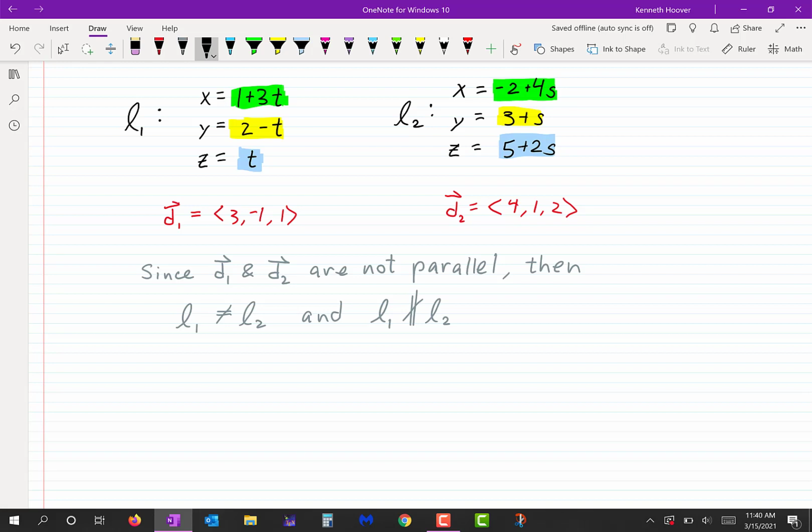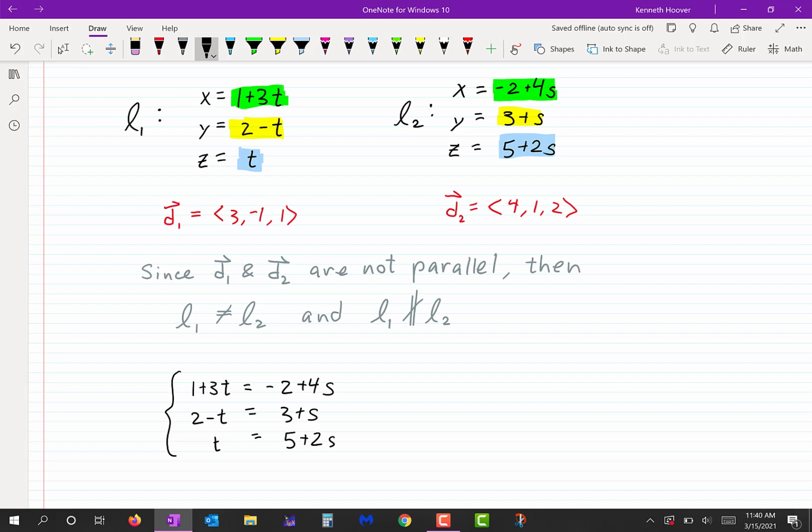Is it possible for 1 plus 3t to equal negative 2 plus 4s, and at the same time 2 minus t would equal 3 plus s, and at the same time t would equal 5 plus 2s? Is that ever possible? Okay, let's see. We're going to solve that system of equations. You learned how to do that in high school.